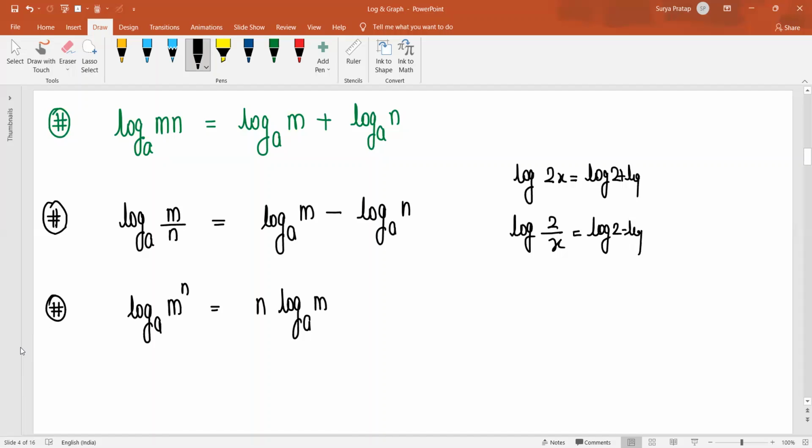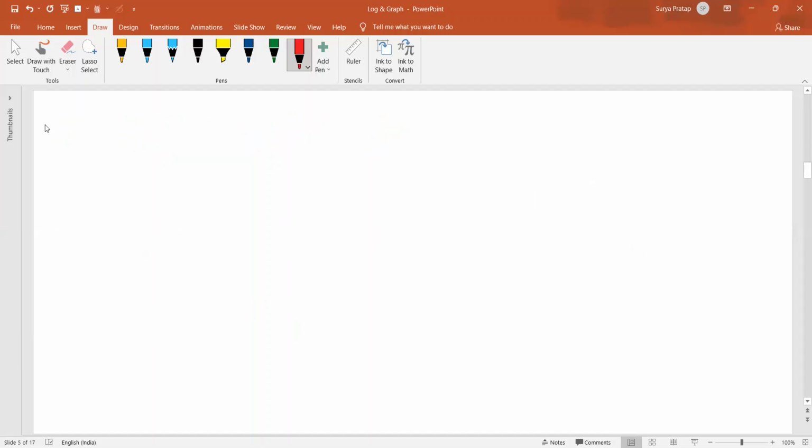So these are the three major formulas which are always useful and helpful to solve questions based on the laws of logs. Let's see a problem: can you please calculate the value of log of 2 times 10 raised to the power 6? The base value is 10 here. It is also given that log base 10 of 2 is something around 0.30.